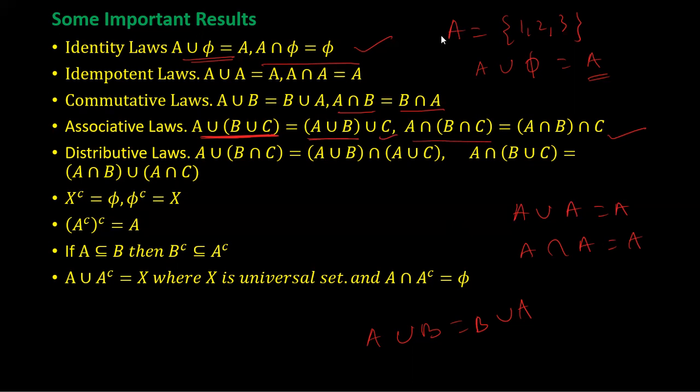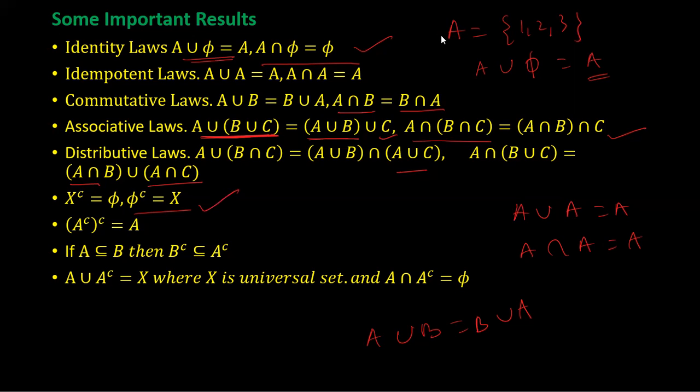Distributive law: A union B intersection C is nothing but A union B intersection A union C, and A intersection B union C is nothing but A intersection B union A intersection C. Universal set and its complement, obviously it will be phi. Complement of the null set will become universal set.